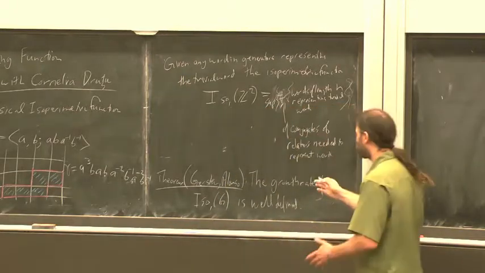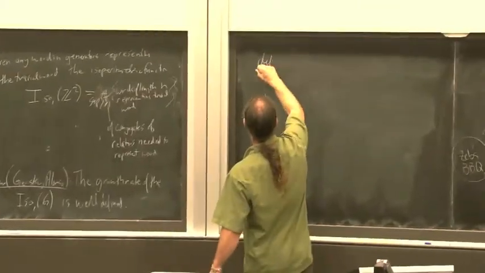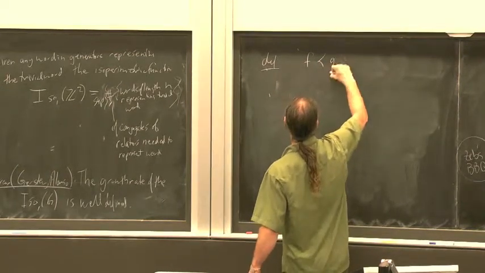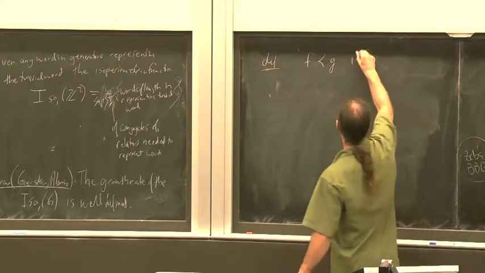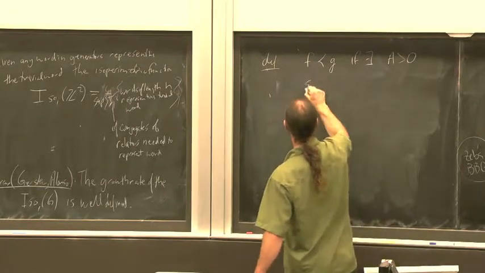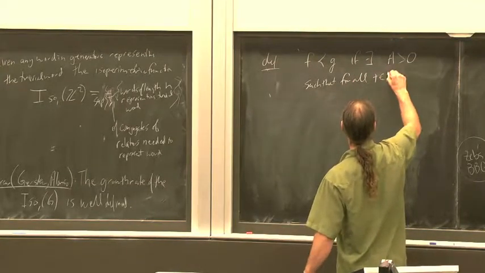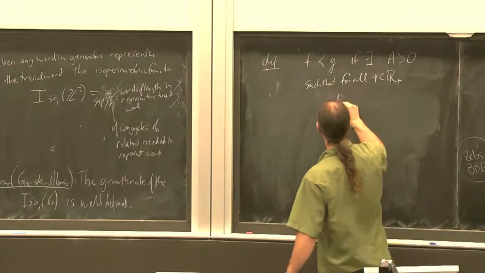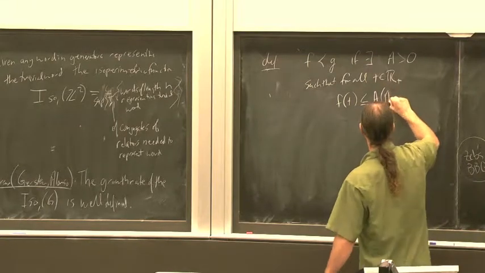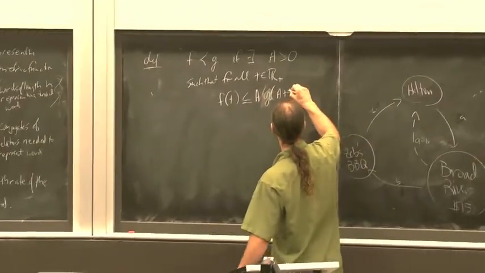Let me tell you exactly what I mean by the growth rate. If you have two functions from the positive reals to the positive reals, we say that f is asymptotically bounded by g if there exists a positive constant a greater than 0, such that for all positive reals t, f of t is less than or equal to a times g of a times t, and then you've got it.